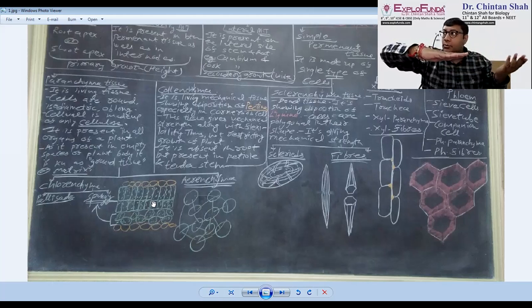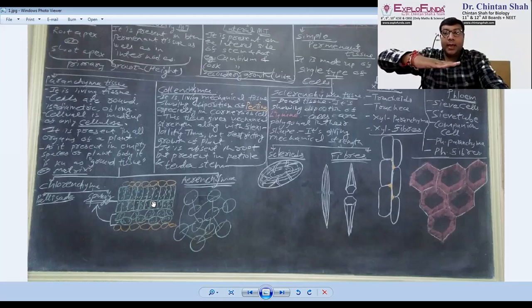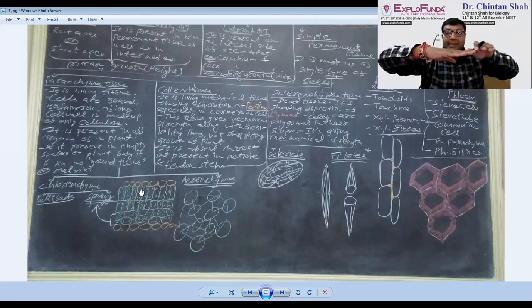Why is it so? Because towards the lower epidermis, there is a tissue which has spaces. Can you see the spongy tissue has spaces? That's why it is light green in color, but towards the upper epidermis there are no spaces. That's why it is dark green in color.